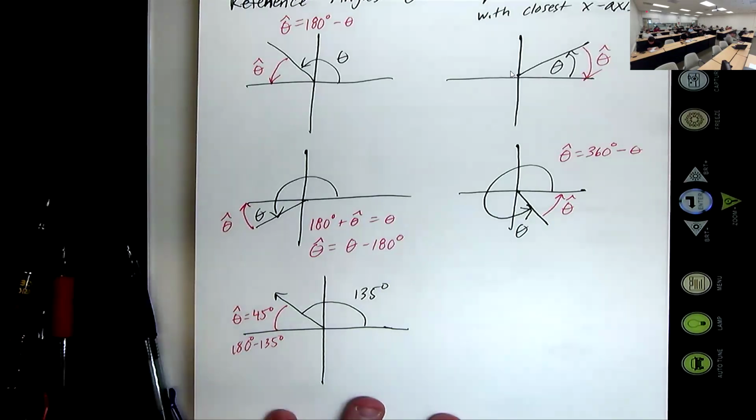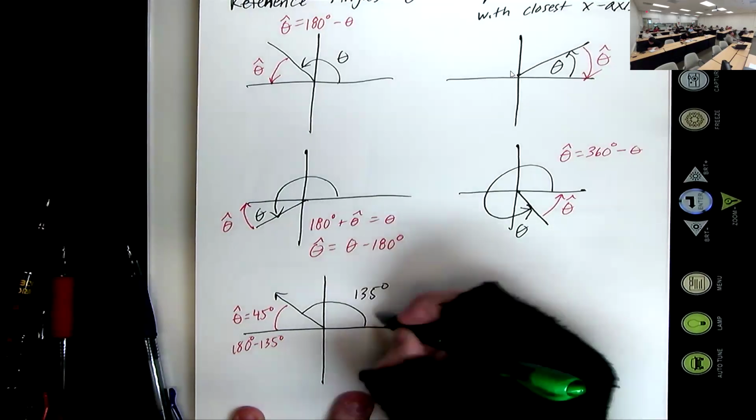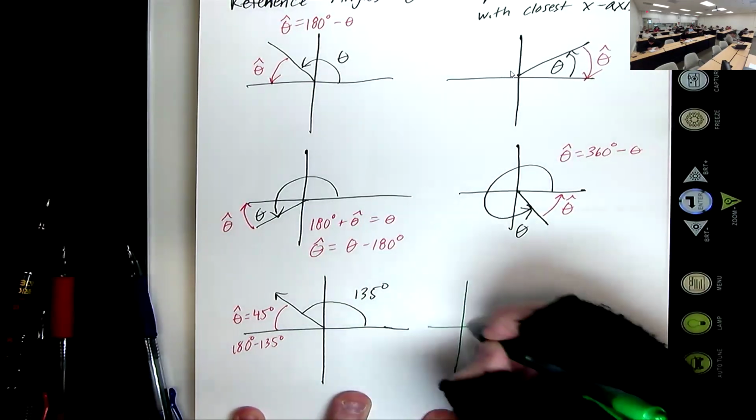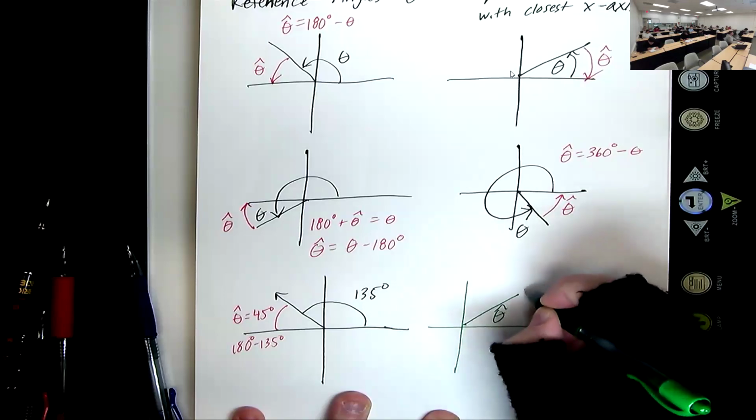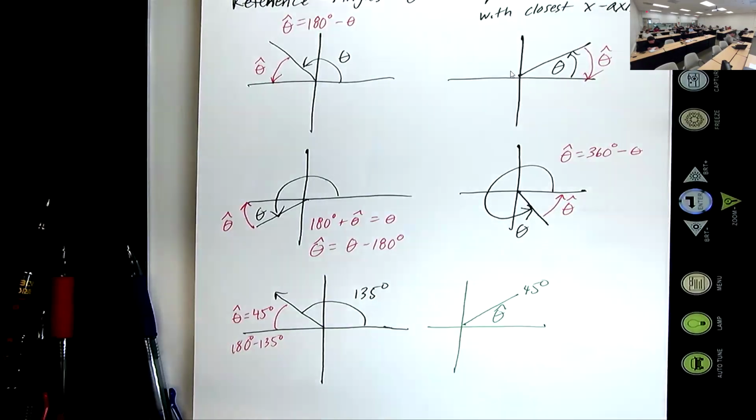Now, where this magic comes in is we can relate it to theta in the first quadrant, doing that same reference angle of 45 degrees.